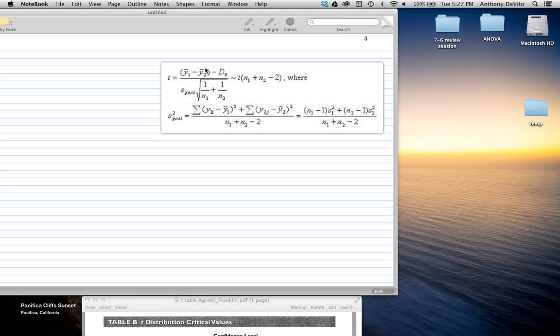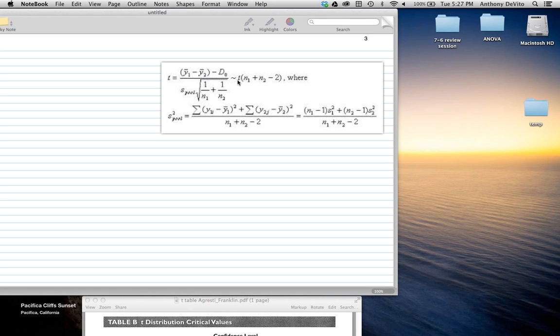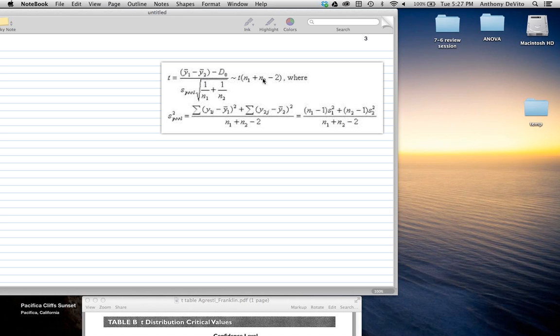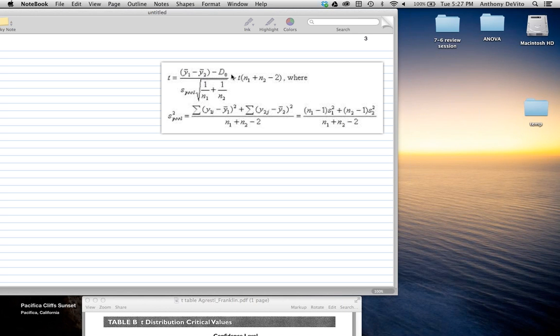And then we'd calculate this t-score, and then we would say that our degrees of freedom are n1 plus n2 minus 2, the sum of the two sample sizes minus 2. In other words, in the case we just had, 20 minus 2 or 18. Okay, so funny thing about this one is when we assume equal variances, right, what happens?